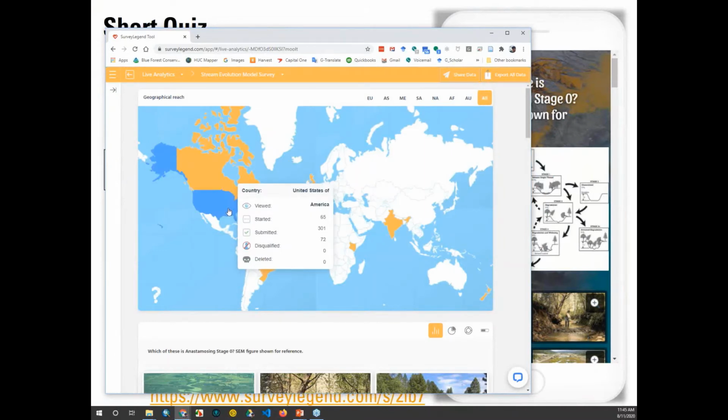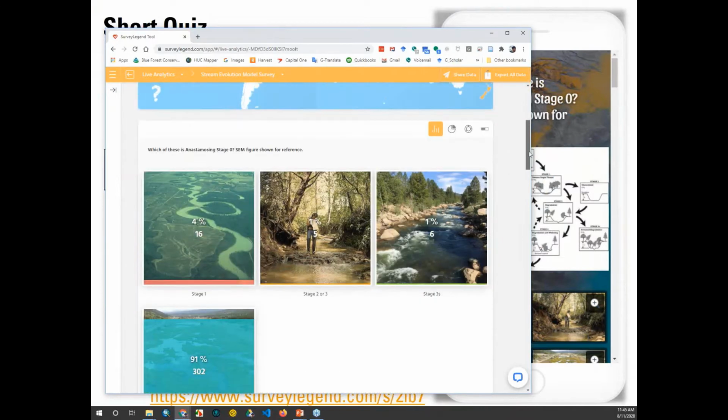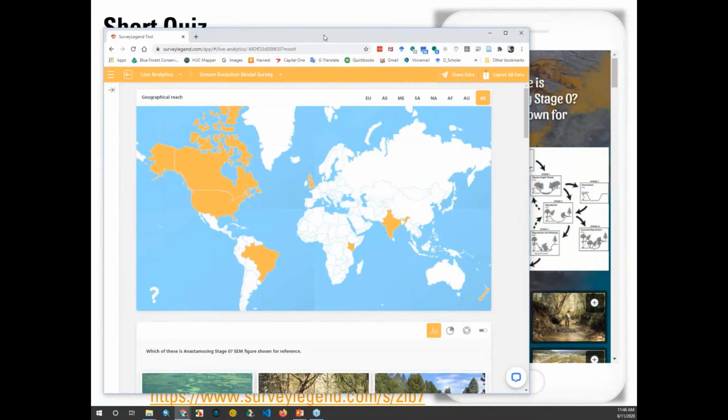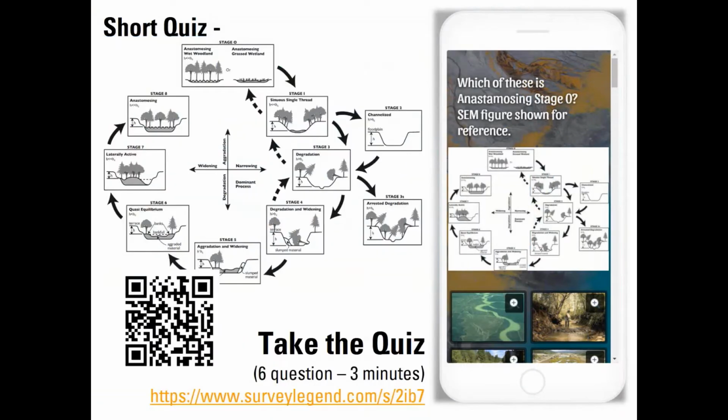So we got 301 submitted. So we'll give you guys another minute here. Then we'll go through. And what we'll do is we'll swap back and forth, and we'll have Mark and Colin explain some of these that you've just looked at, and then we'll see what the collective wisdom of this audience is.